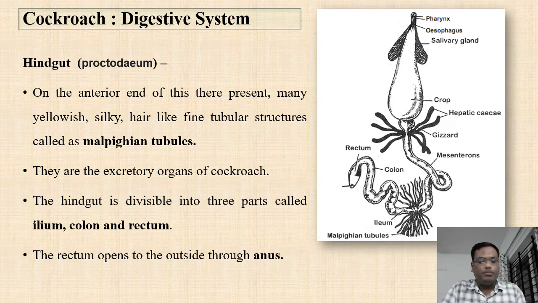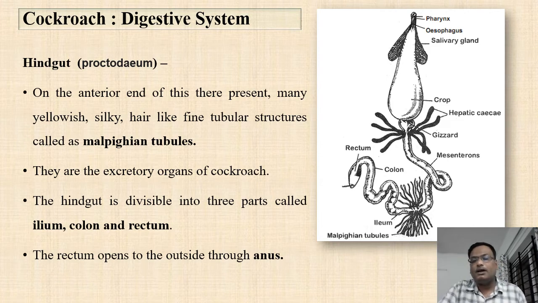The Malpighian tubules have nothing to do with the digestion process. So they are excretory in function. Now, one thing we have to remember is that the whole digestive system and all other organ systems of the cockroach are present in the body fluid called hemolymph.